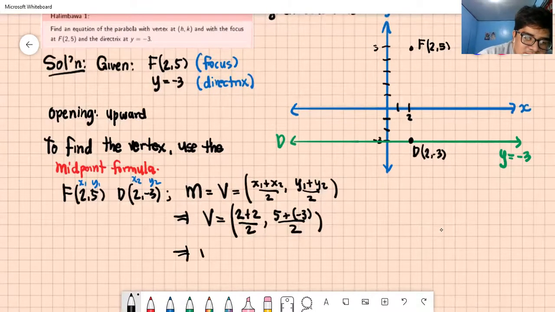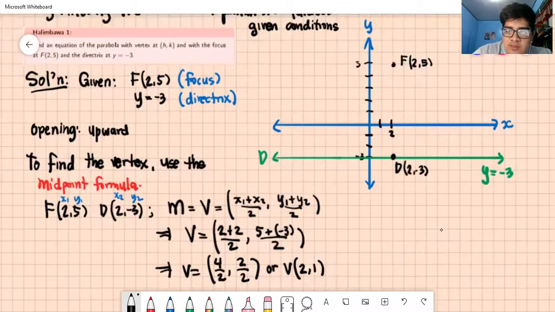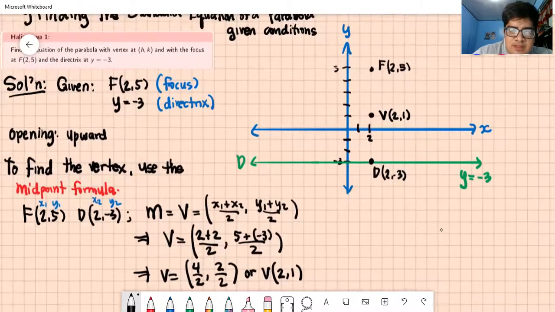This implies that V is equal to 4 all over 2, comma 5 minus 3 is 2 all over 2, or the vertex is at 2, 1. So, ibig sabihin, the vertex is nandito. I-drawing natin siya. The vertex is in 2, 1. Ngayon. Alam na natin na yung parabola mo is opening upward.